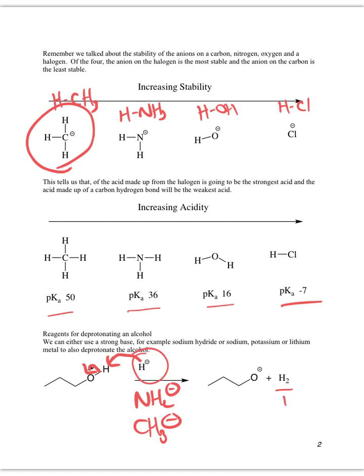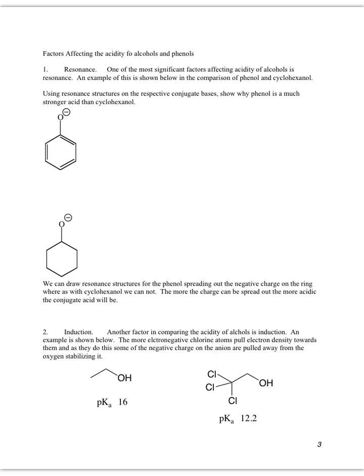Okay, H2 has a pK somewhere in the mid-30s. So it's equivalent to ammonia in how bad of an acid it is, how strong the conjugate base is.